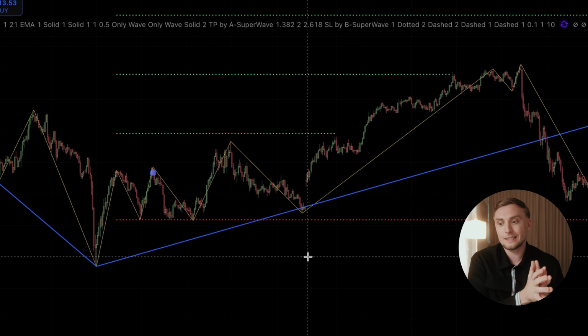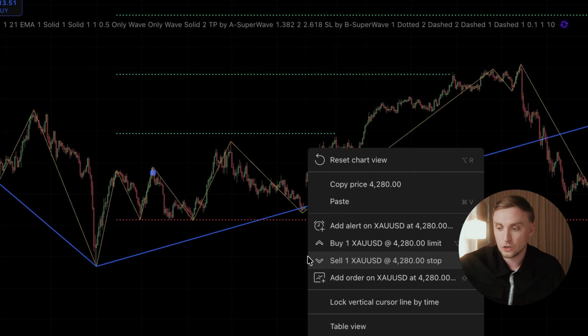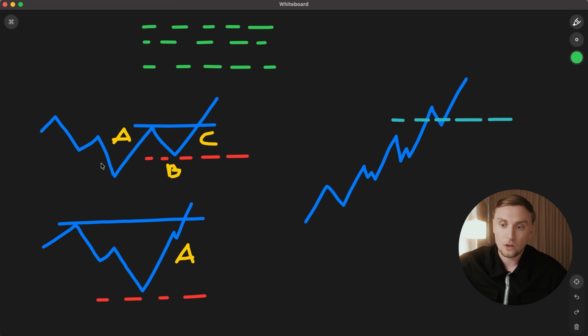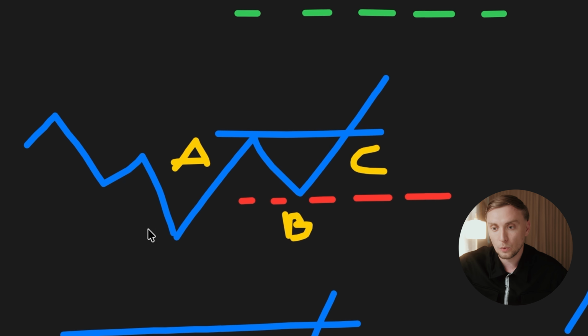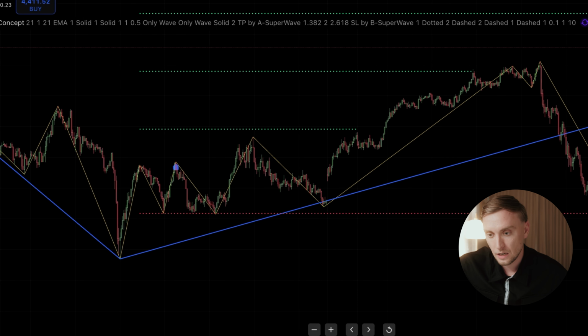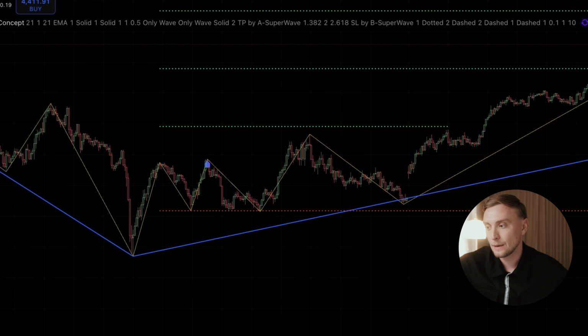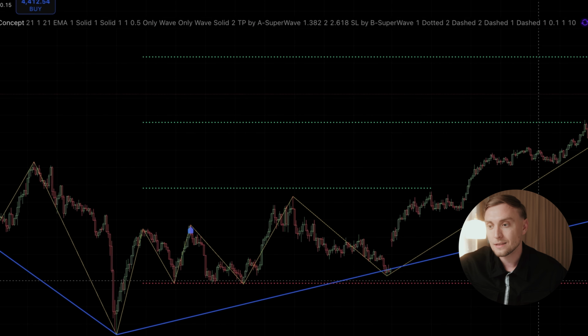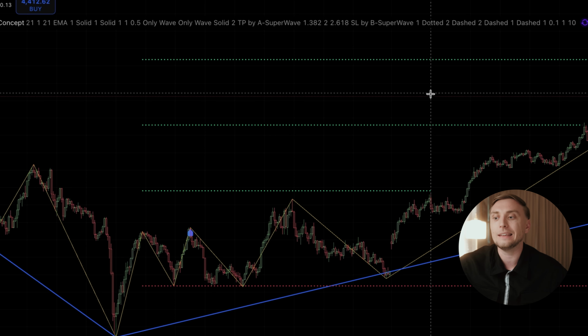Then we need to understand how to trade it, and the first method is the classical formation A, B, C. When the price closes higher, meaning impulse C closes higher than wave A, the indicator will draw this arrow, which means here we are supposed to open the position, and after that the indicator immediately draws our stop loss level and take profit levels.